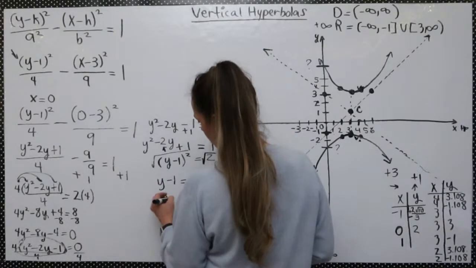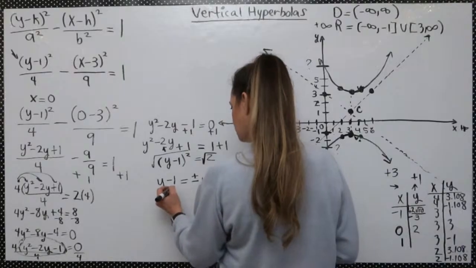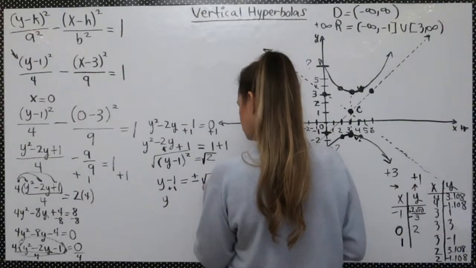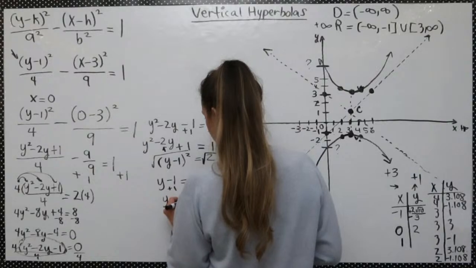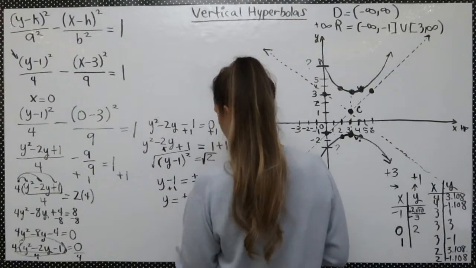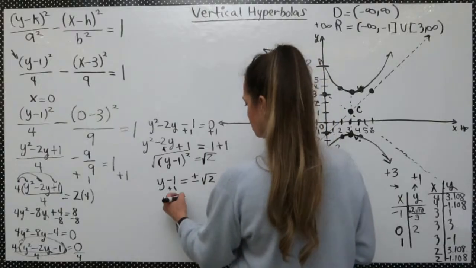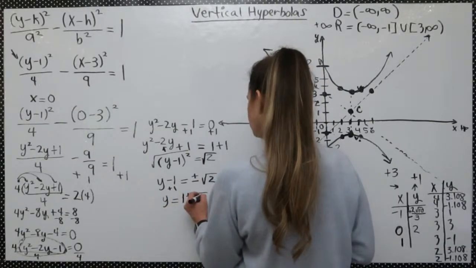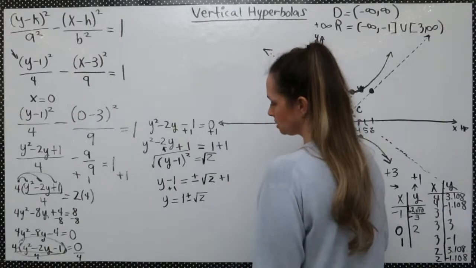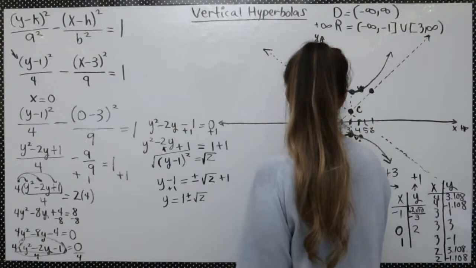We're going to add the quantity 1 to both sides, and we'll move that 1 in front, so it's going to be 1 plus or minus the square root of 2. And so it's going to lead to 2 y values, just like we expected.